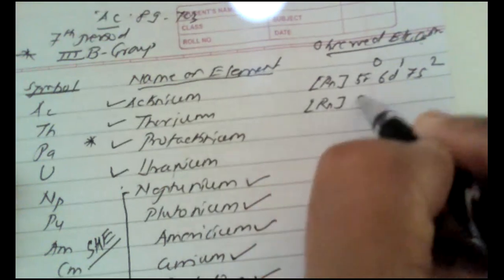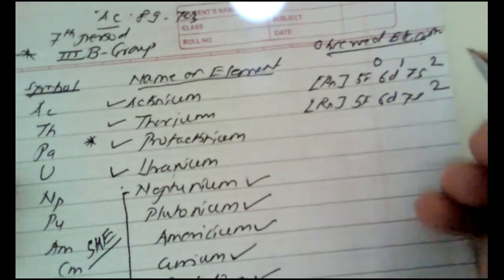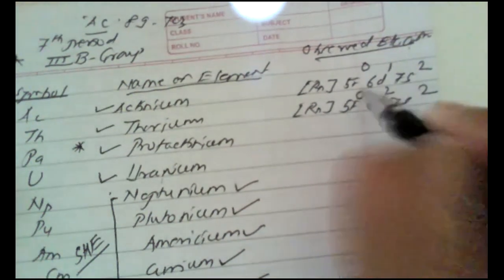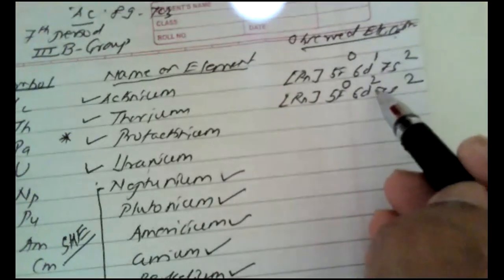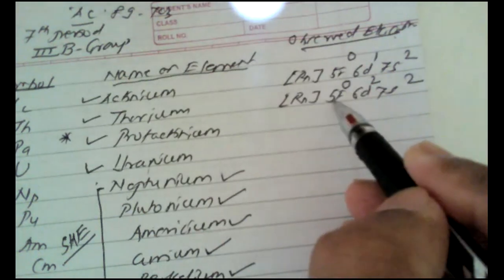If we move one step further, for thorium, we write radon 7s2 6d2 5f0. Why is this happening? Because the 90th electron should enter 5f.